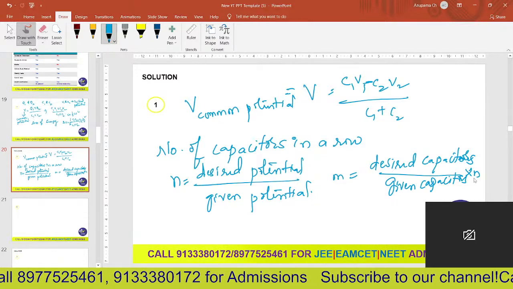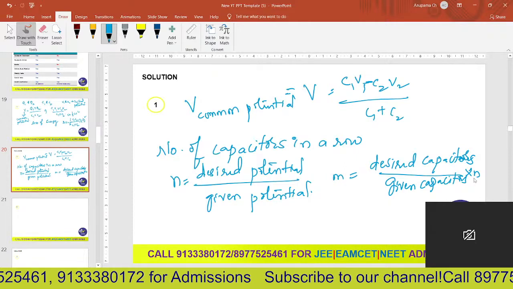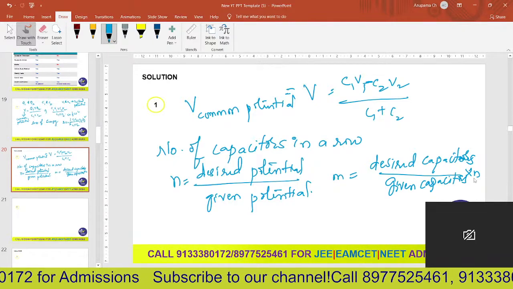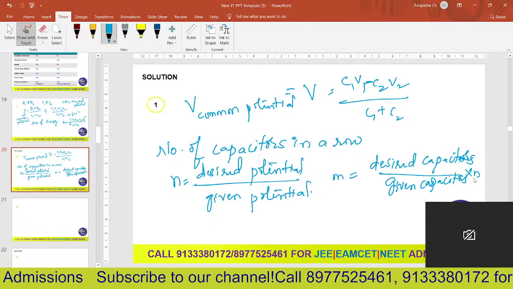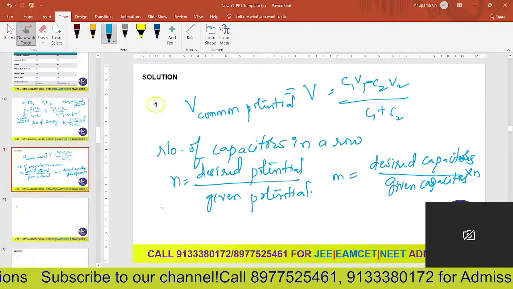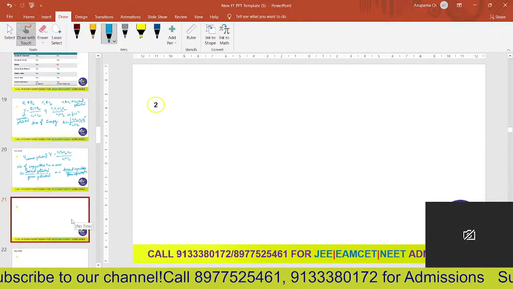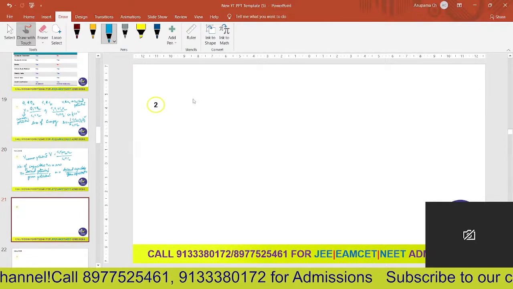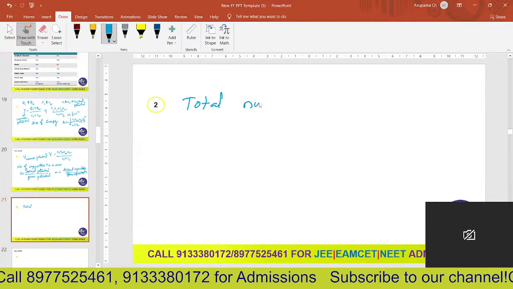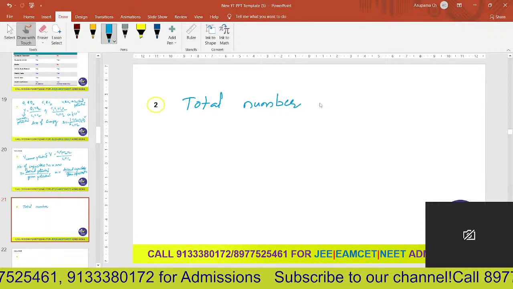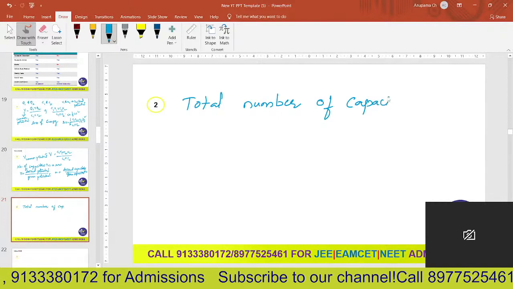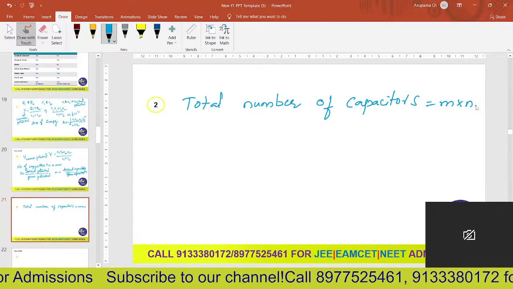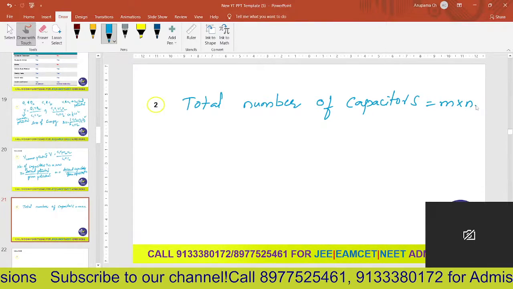Now the first one is in terms of rows, and the second one is also in terms of rows, but in terms of capacitors, the total number of capacitors is equal to M into N. You know what M is and what N is, right?